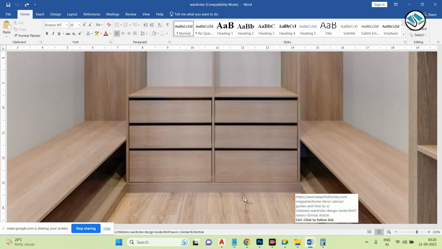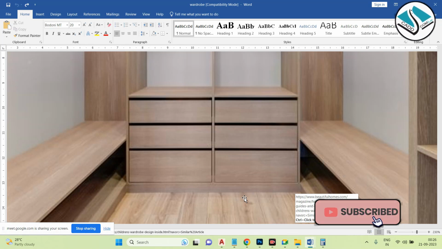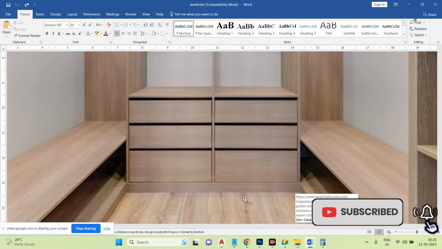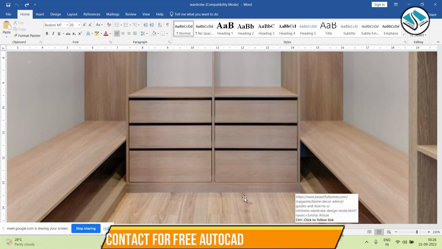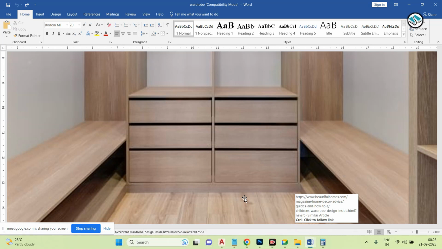Like 2 drawers are 20 centimeter and the other 2 drawers are different sizes. I just told you last time that it's not important that you mention all dimensions on the basis of the standard. It all depends on the requirement. Just remember one thing: it all depends on the requirement.